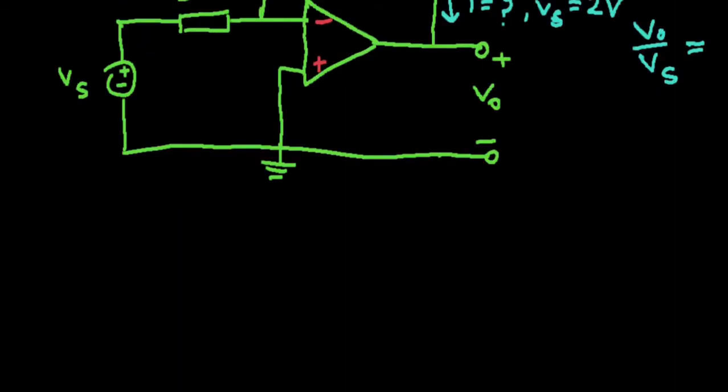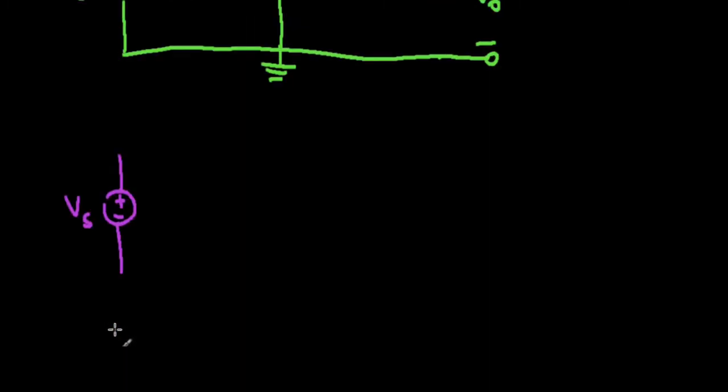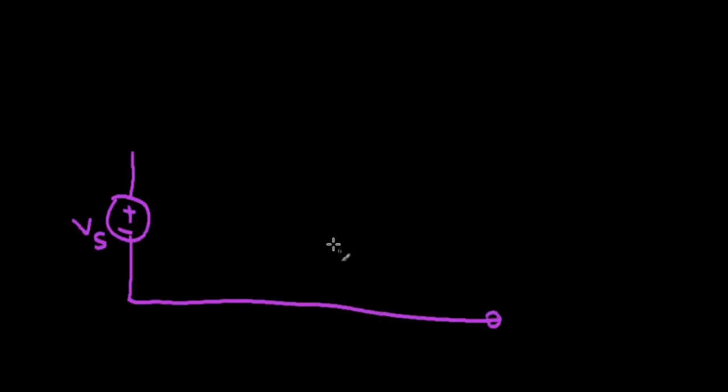I'll choose purple for this. Most of the things obviously are the same. We just need to replace the op amp. So this is Vs. I'm sorry for wasting so much time, but I think it would be better to keep a bit more space. So this is Vs, this is your negative one, this is your ground.